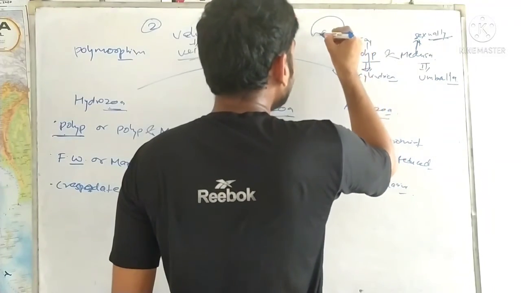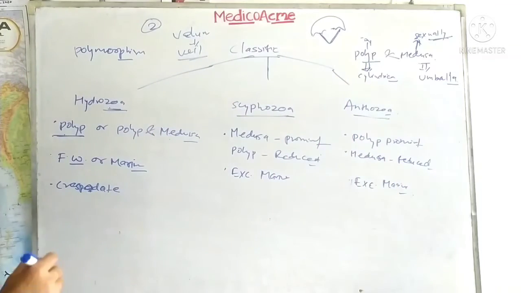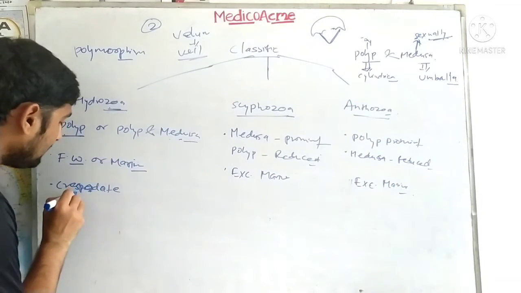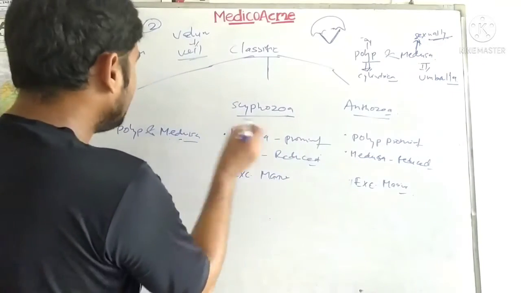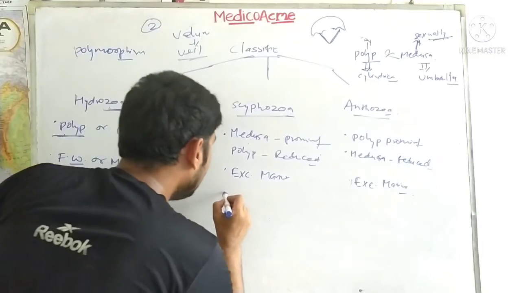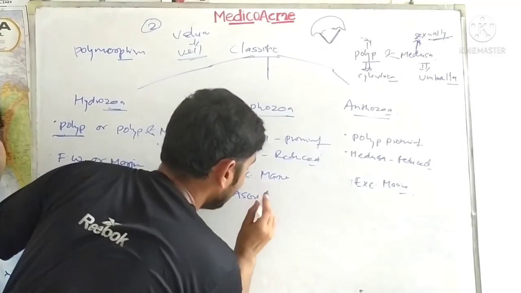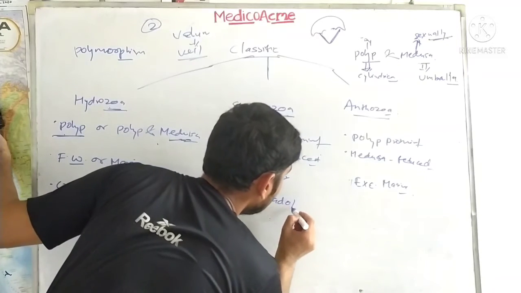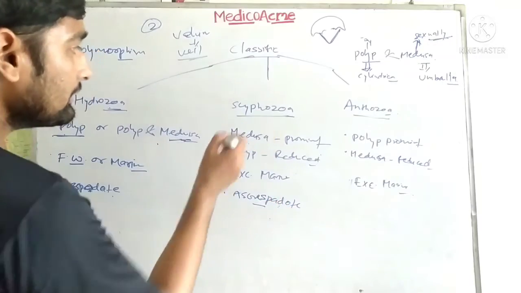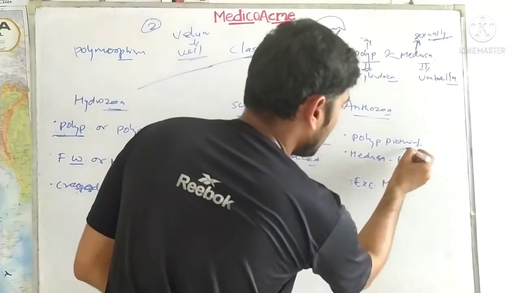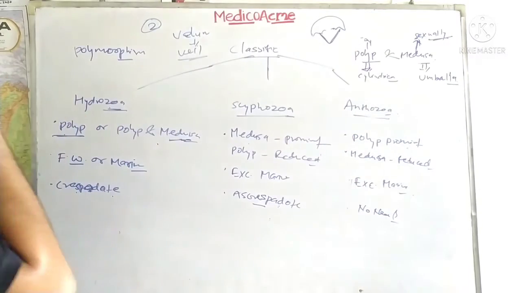Okay. So these are actually veils which are found, and in medusa, if a veil is found, then it will be Crespidot. But here also you see that the medusa is prominent. Here also medusa is present. But the Crespidot medusa is found in the Scyphozoa. Here, because polyp is prominent, there is no need of Crespidot or non-Crespidot.